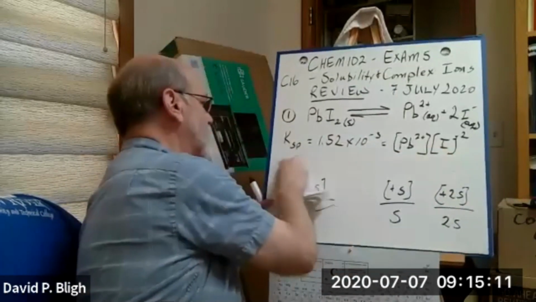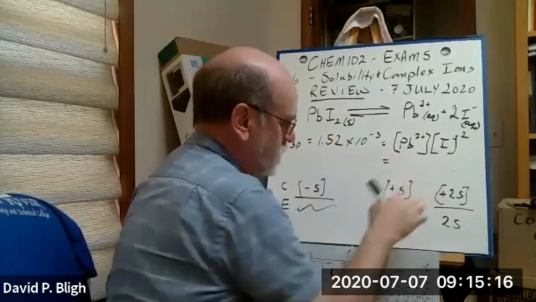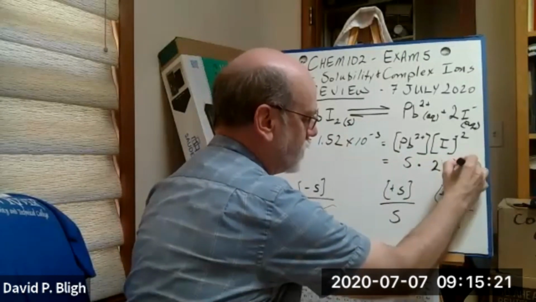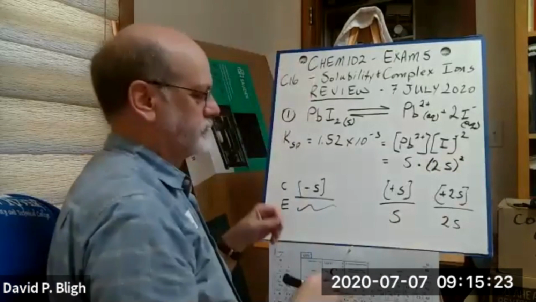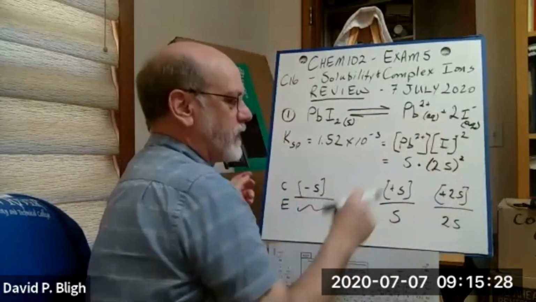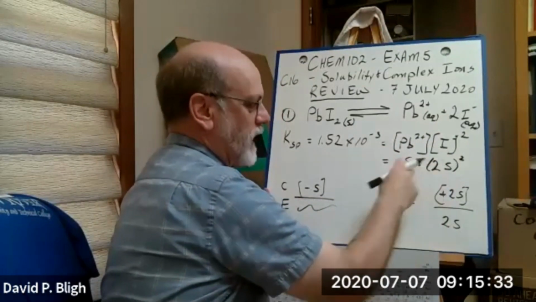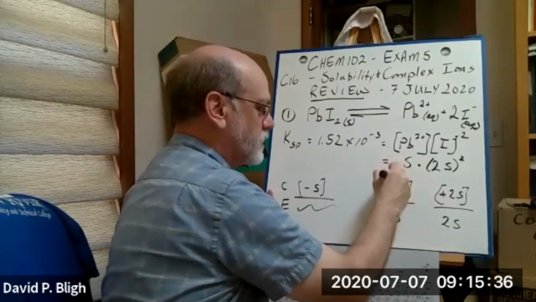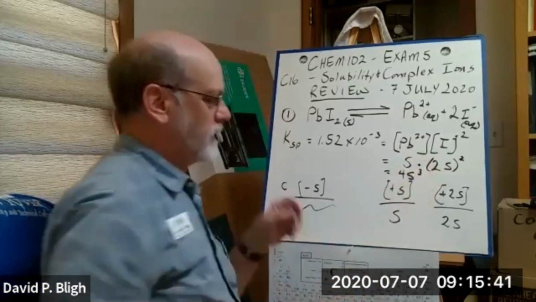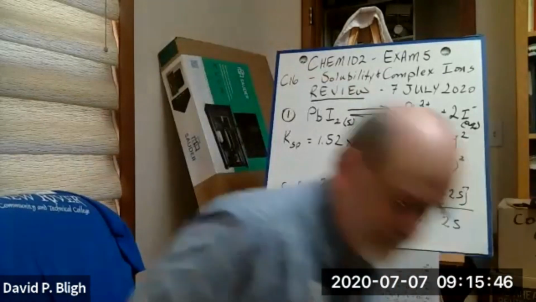All right, so if we put those two values in there, we get an expression where this is equal to that times that squared. Right? So if we resolve that mathematical term, we find that this is 4s squared times s, which would be s cubed, which would be 4s cubed. So this is equal to 4s cubed. Now all we have to do is solve for s.